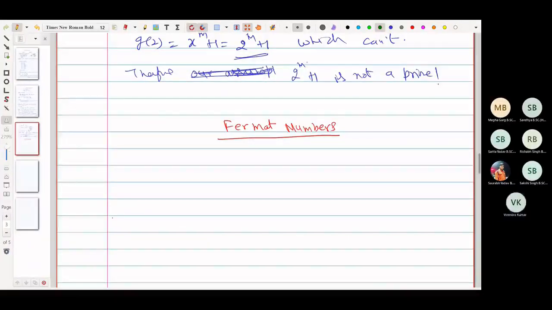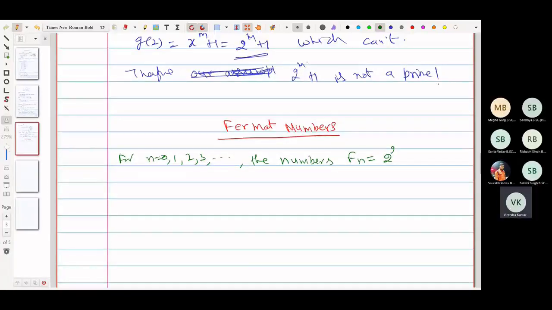For n equals 0, 1, 2, 3, and so on, the numbers Fn, 2 to the power 2 to the power n plus 1, are called Fermat numbers.